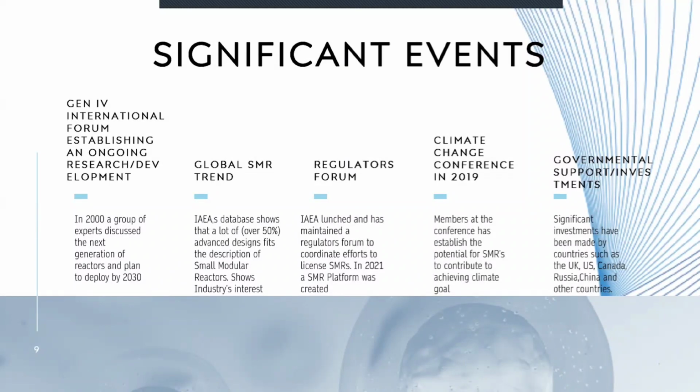So in 2000, it was proposed that by 2030, some of these reactor designs will be deployed. And I want to also mention the fact that there has been a global trend in SMR designs, like we saw in the previous slide. About 80 different institutions are working to produce 80 different kinds of SMR designs.